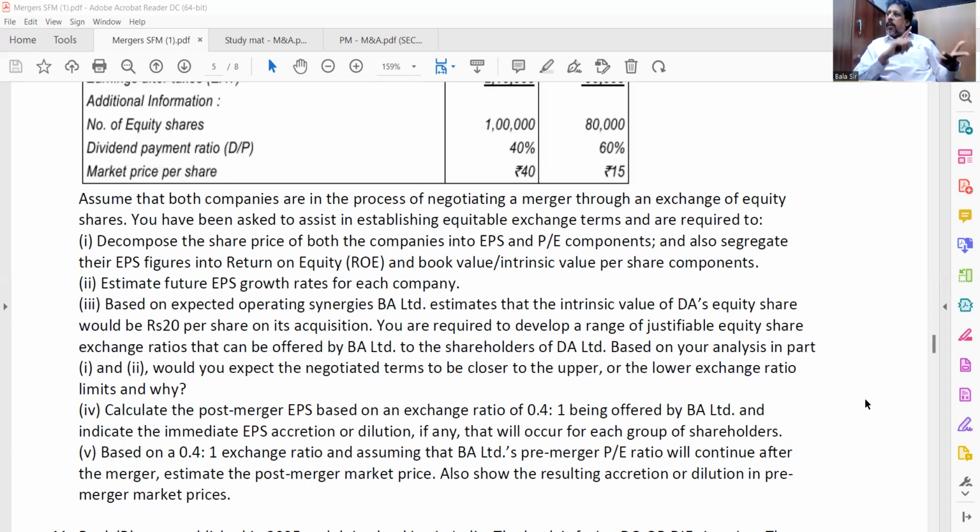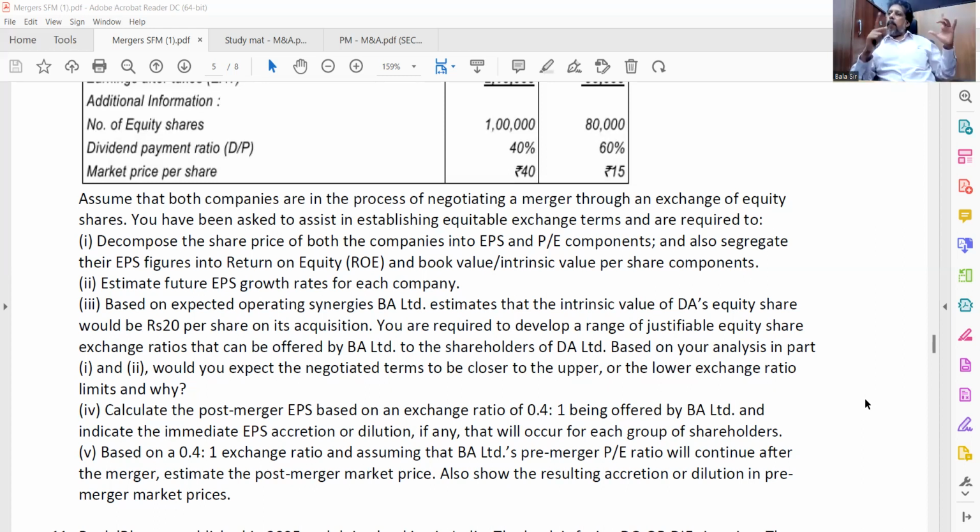Or earnings per share into price earnings ratio will give you market price, which we discussed even in the first subdivision, if you recall. Remember 40 rupees market price of BA by 2.1 EPS of BA gives 19.05 times. Or 2.1 into 19.05 will give you 40. The same thing can be applied for the combined firm.